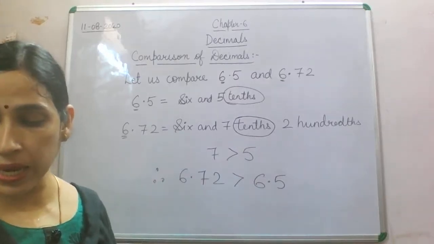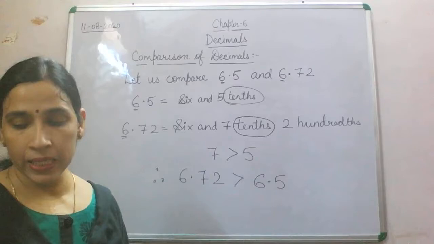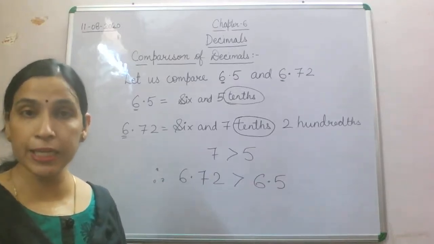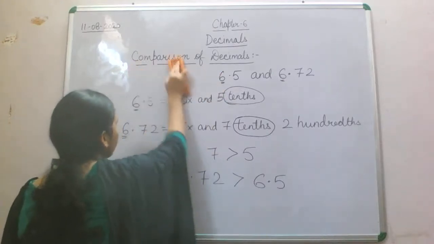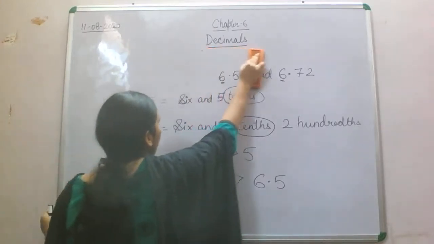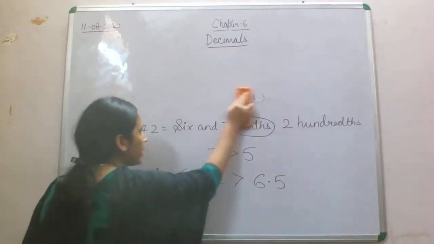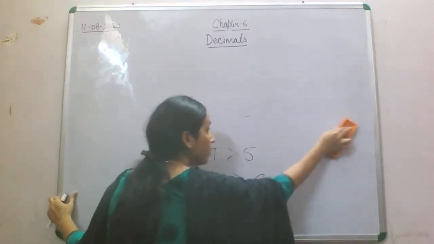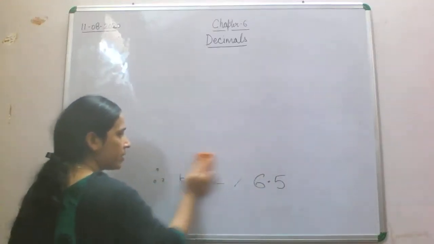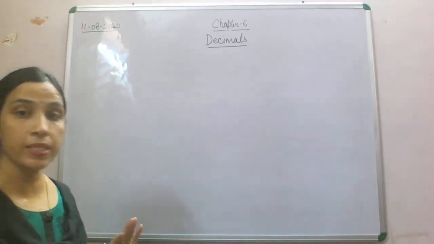So from the exercise, we'll take the first question which is related to this comparison of decimals only. So let's start that first question. In this first question you have to find the greater decimal number. To find the greater decimal number, the concept is the same, that is the concept of comparison of decimals.